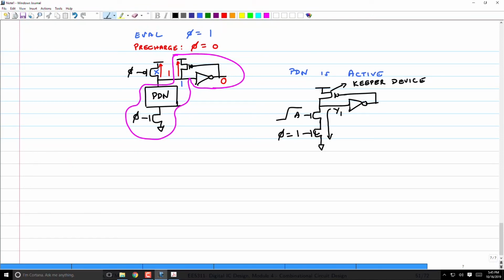Which means as long as Y1 falls below VIL of that inverter, that is enough for you. Because when Y1 goes below VIL, the inverter will trip and flip. So let's say Y1 was like this and it went below VIL.